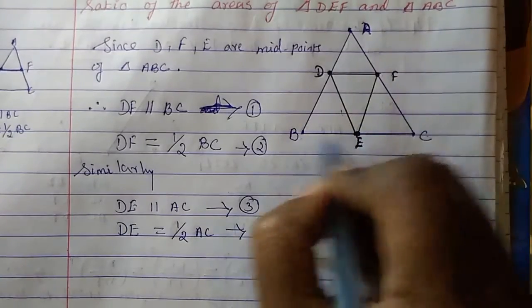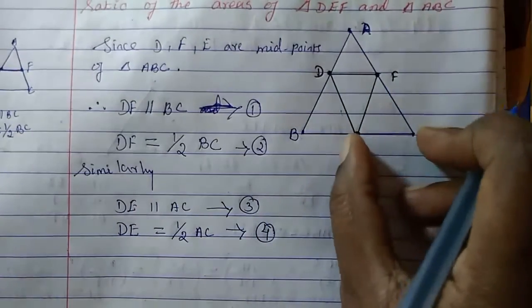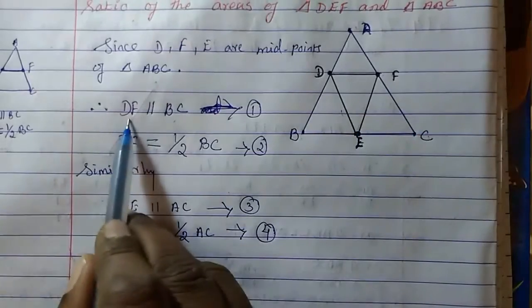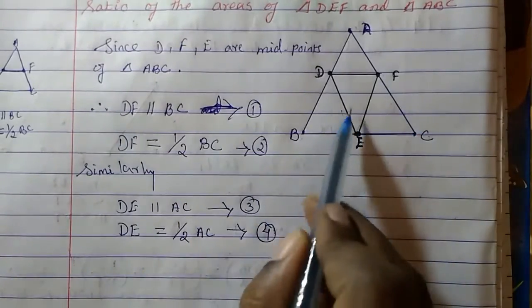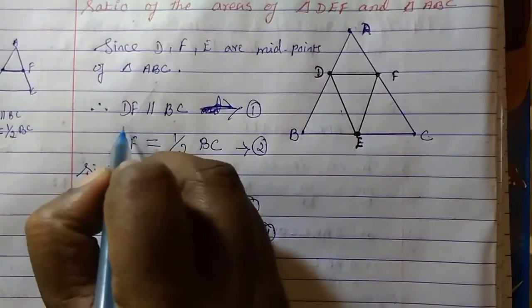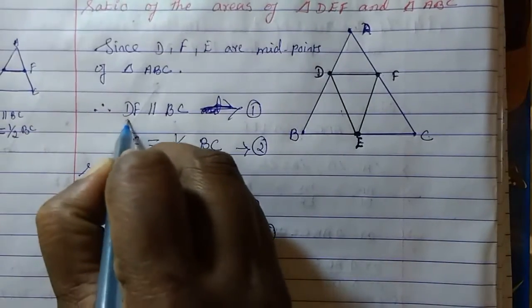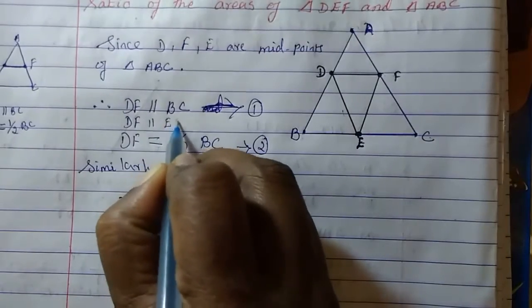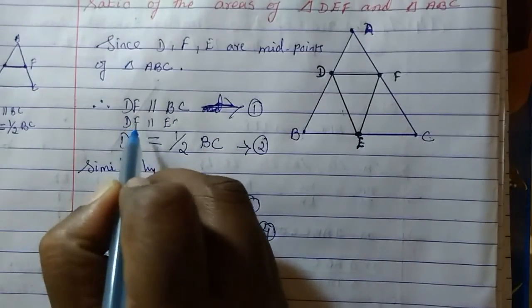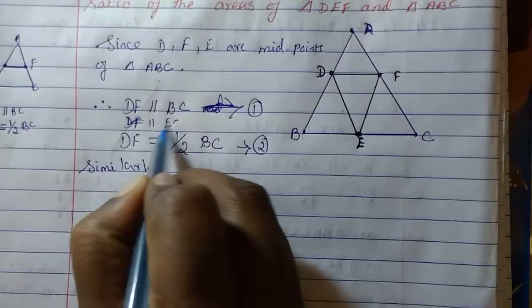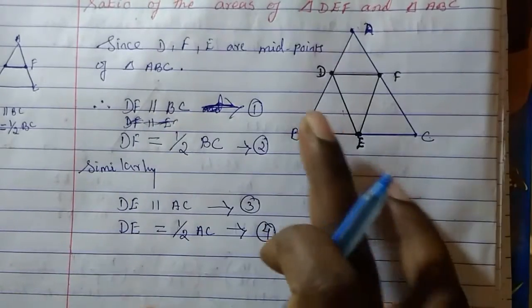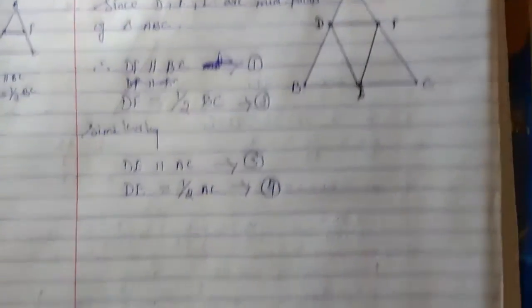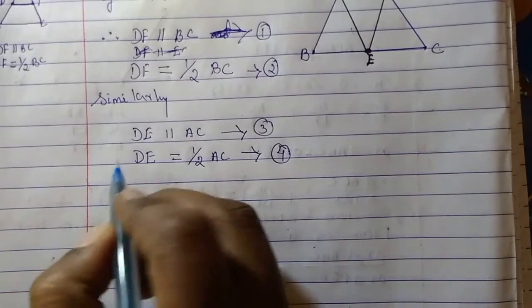Because this is parallel to this line means this will be parallel to this also. Therefore DF will be parallel to EC also. Let us write it down separately, not mix up here.